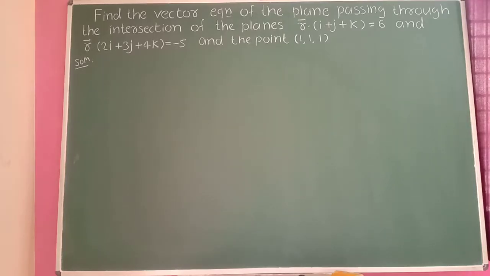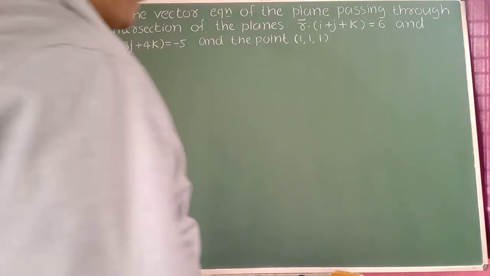Find the vector equation of the plane passing through the intersection of the planes r bar dot i plus j plus k is equal to 6 and r bar dot 2i plus 3j plus 4k is equal to minus 5.